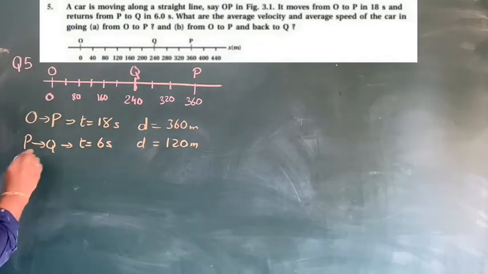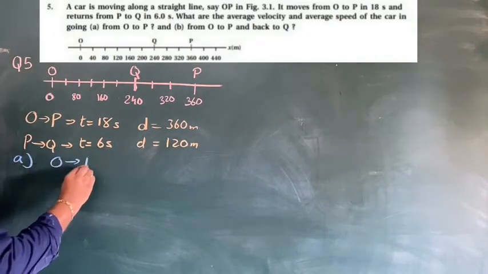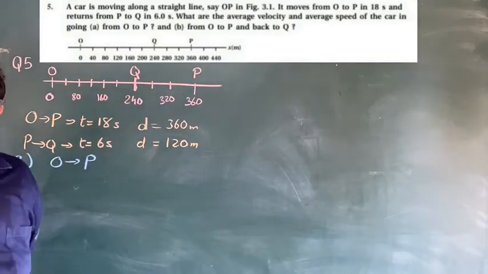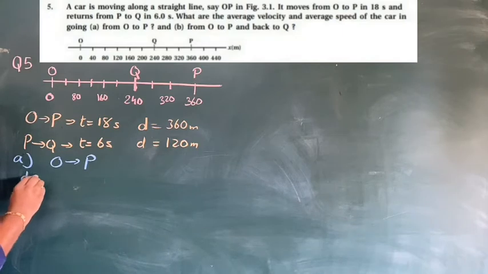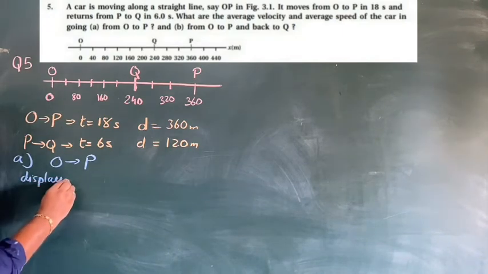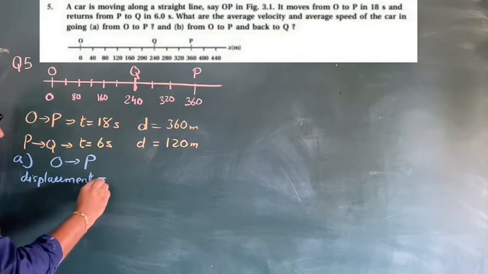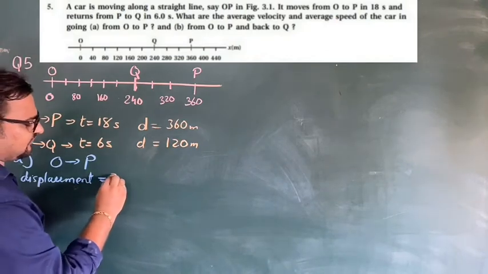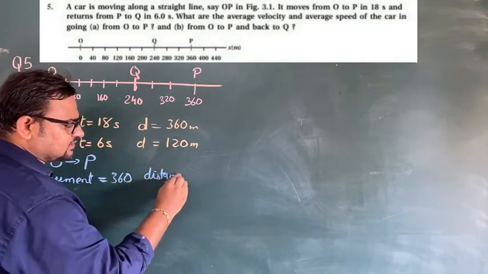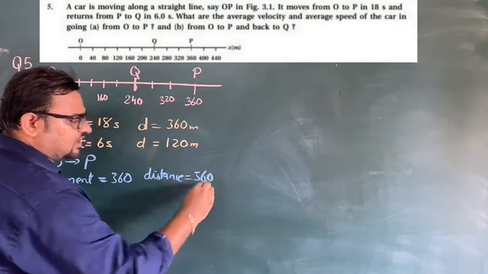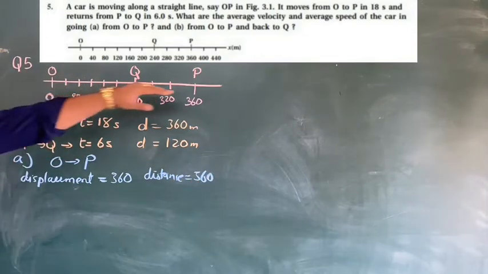A, from O to P. Now from O to P, for velocity, displacement is equal to 360. Distance is again 360 because it is a straight line.